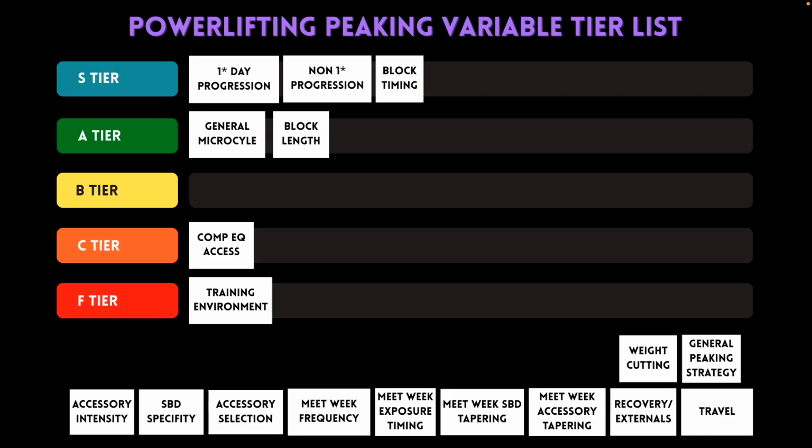Assuming somebody's using a sound weight cutting strategy, there shouldn't really be any effect on the peak, maybe just some slight modifications depending on how rehydration goes. And then someone can come in really strong and peaked on meet day, but maybe the recomp didn't go as well and they're cramping the whole day. So how much is that a peaking thing either? I don't know.